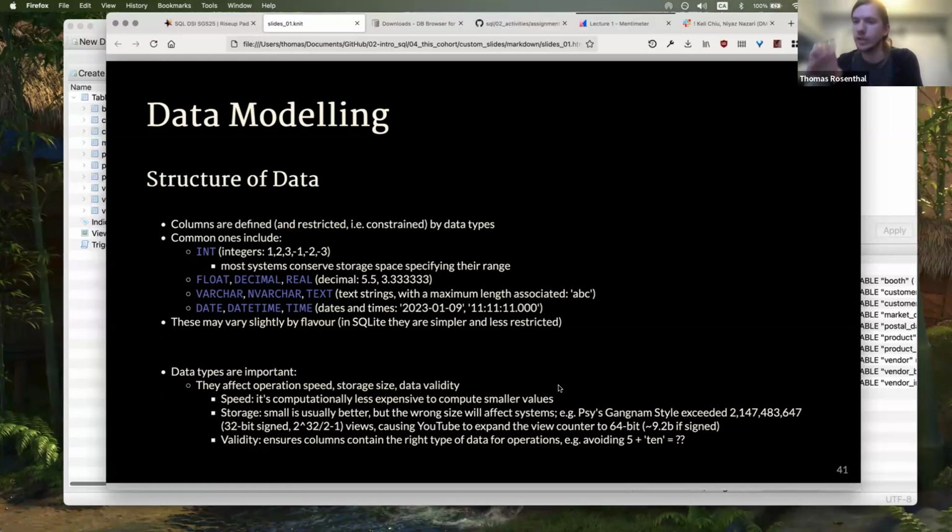Validity: ensuring that the columns contain the right type of data for the operations. So if you ask SQL to do 5 plus TEN, well, humans, we know TEN, that's 10, that's 15, but SQL doesn't interpret 5 plus TEN as 15. It says that's an error, that's invalid, right?